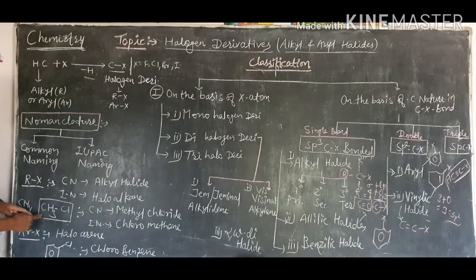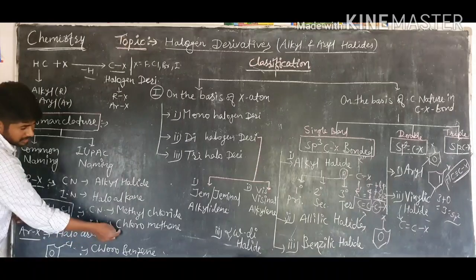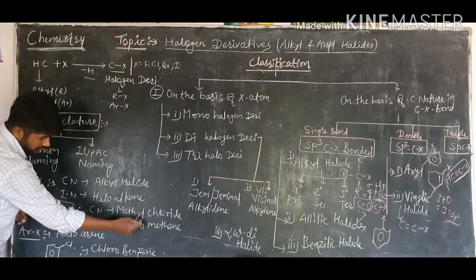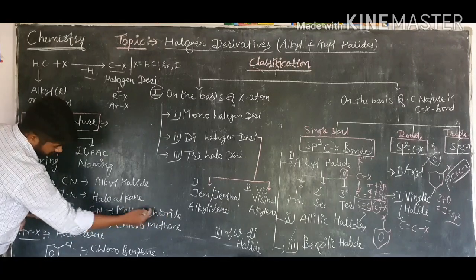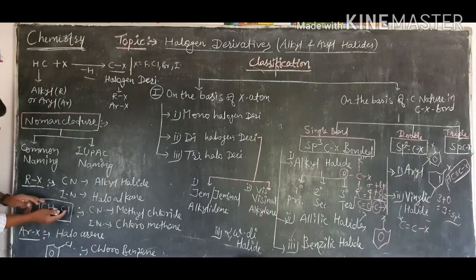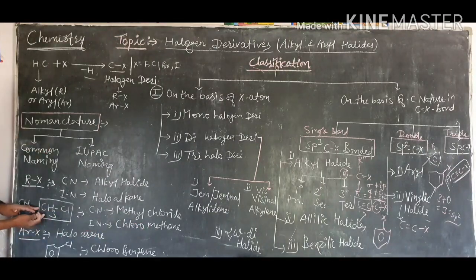For one carbon, methyl and chlorine are present, called methyl chloride. After that, in IUPAC naming we write the halogen first, so chloro, and for methyl we write methane. So the IUPAC name for methyl chloride will be chloromethane. Chloromethane is the IUPAC name and the common name is methyl chloride.